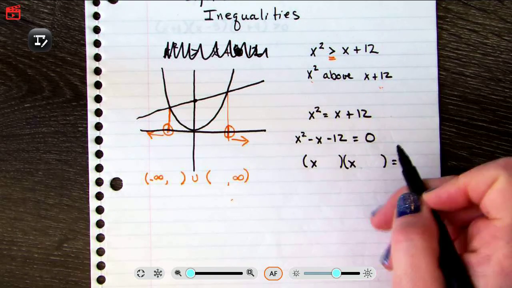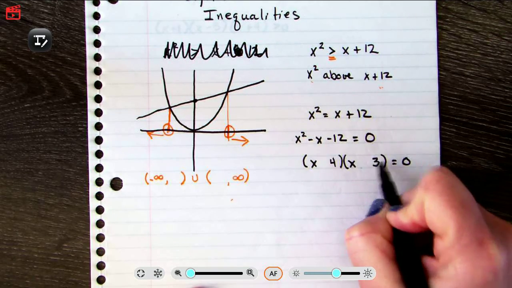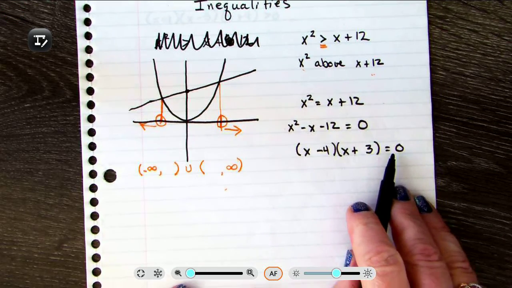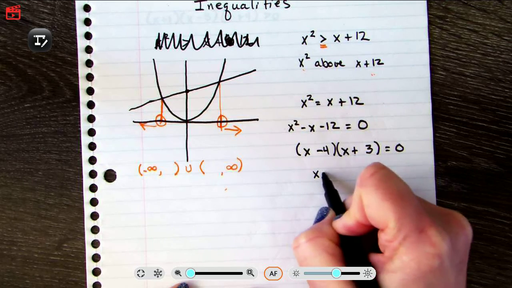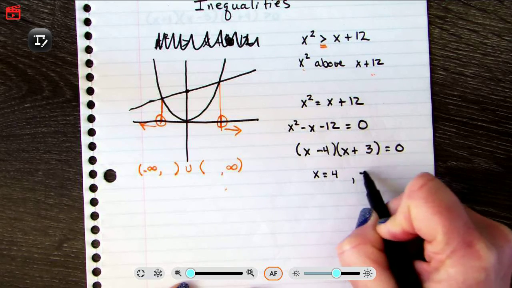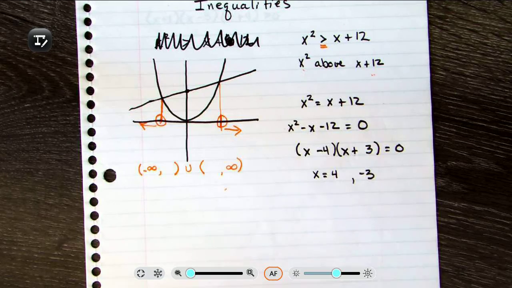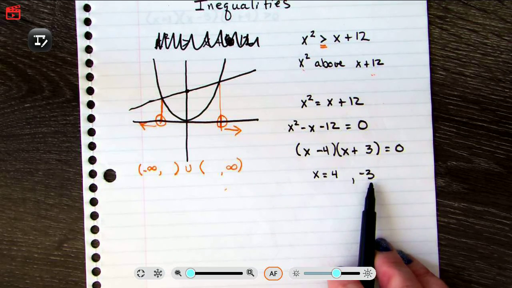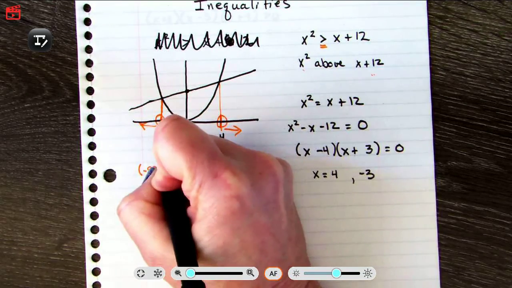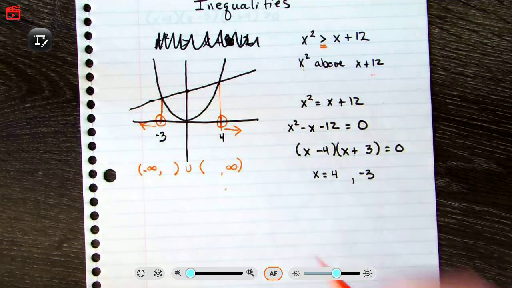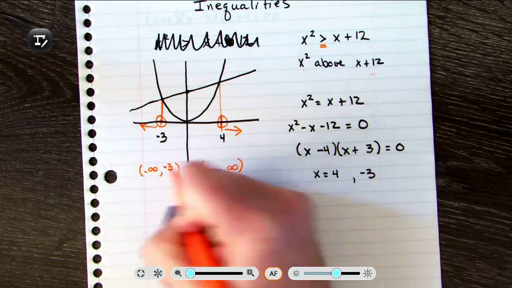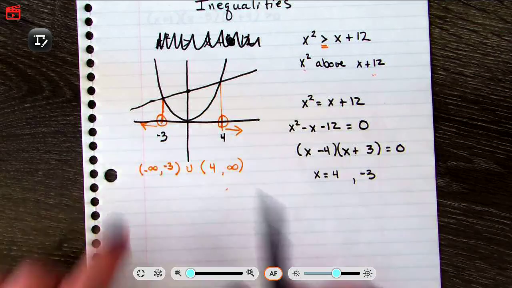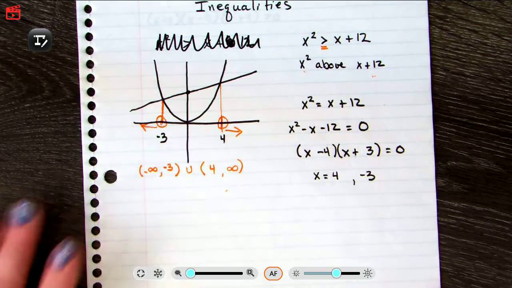To get that 12 is going to be 4 and 3, with a minus and a plus. So now we set each one of those factors equal to 0. And again, we have done this through this entire chapter. So it is equal when x is equal to 4 and x is equal to -3. So this would be 4, and here would be that -3. So in our answers, we'd see it being in that region. So there's one method to graphically do that.